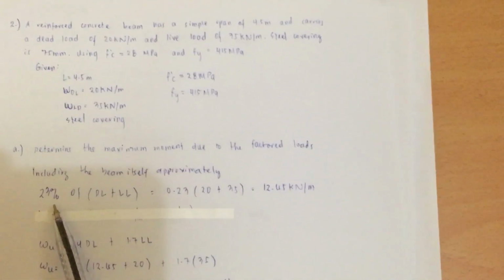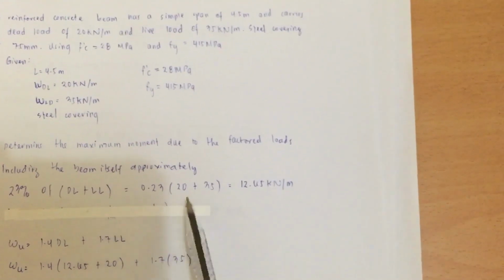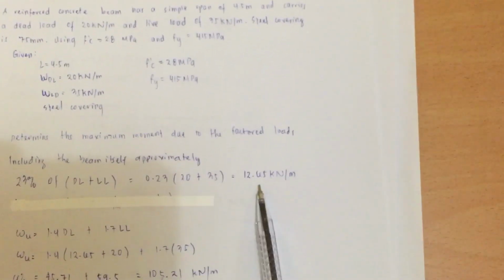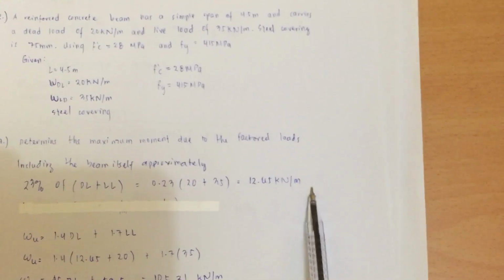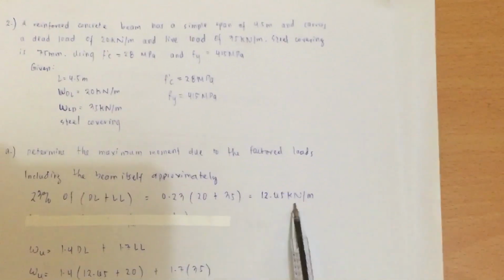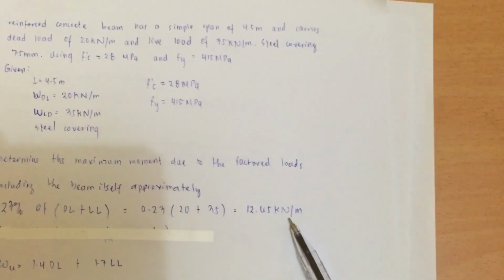So we assume that 23% of the sum of the dead load and the live load is the weight of our concrete beam. So 23% times 20 kilonewton per meter plus 35 kilonewton per meter is equal to 12.65 kilonewton per meter, which is the weight of the beam. That is just an estimation of computing the weight of the beam.